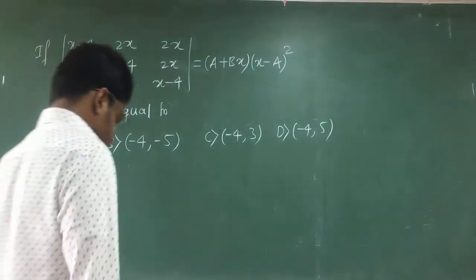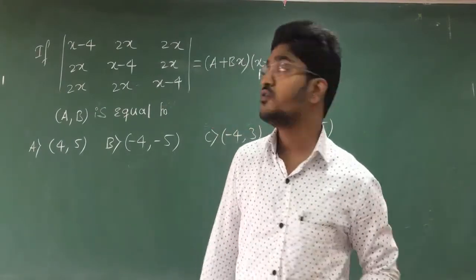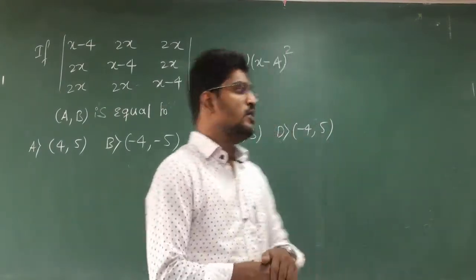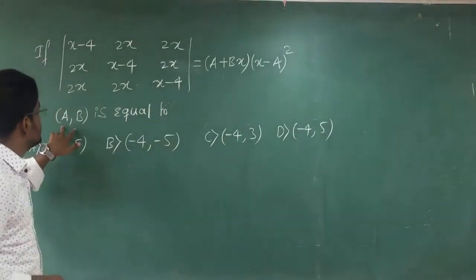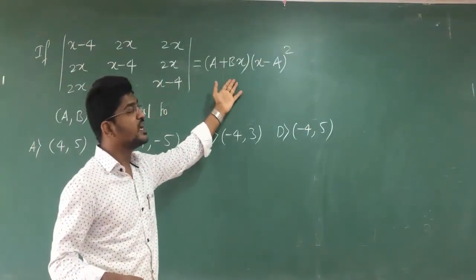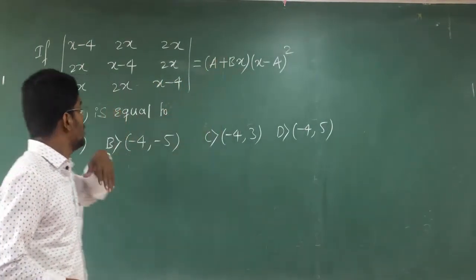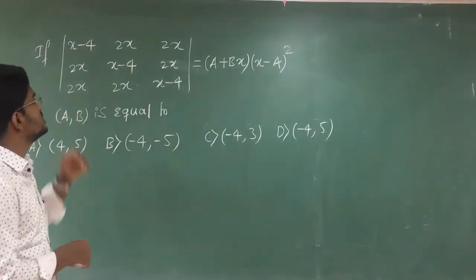Okay students. So now let us go for the next problem, that is from the world of determinants. Clear? So here the determinant is given and they are asking the pair of a comma b. The determinant is given, a plus bx, x minus a whole square, and pair of a comma b is what they are asking. So let us solve this determinant.